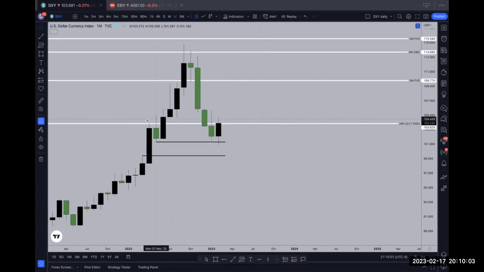So essentially what I'm seeing is that we're working this level right now, and it would be pivotal to see the type of movement it makes and how it makes that move from the January 2017 high.